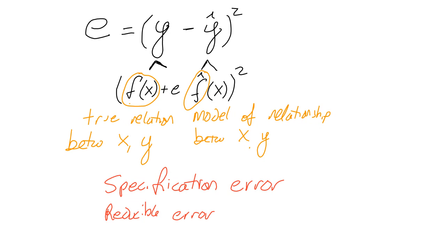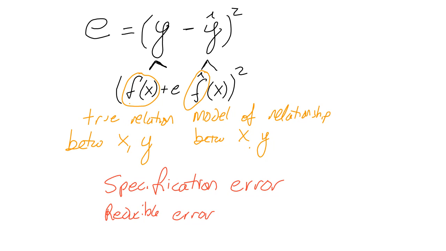So they call the difference between the true relationship and our model of that relationship a reducible error. That's because we could pick a better model, and that might give us a little bit better of a structure towards the true relationship between x and y.